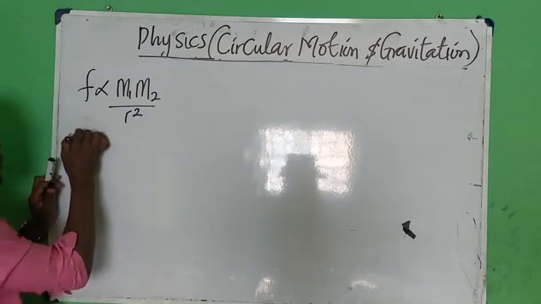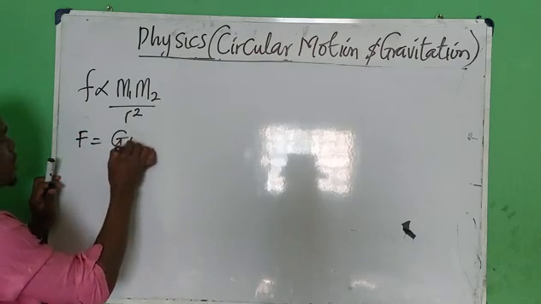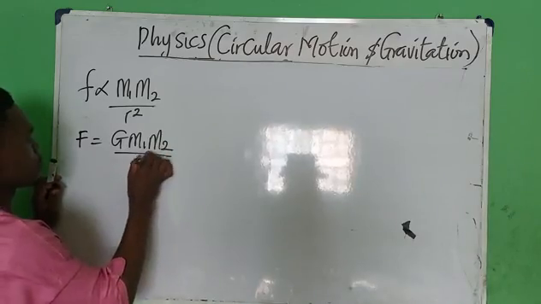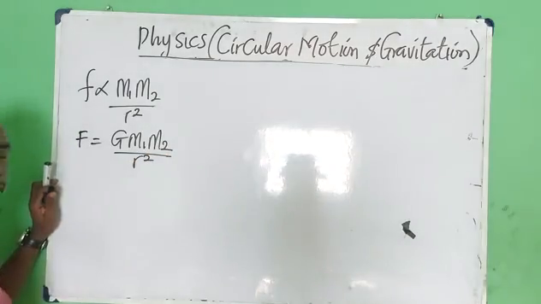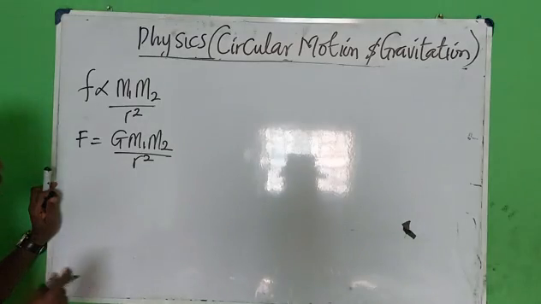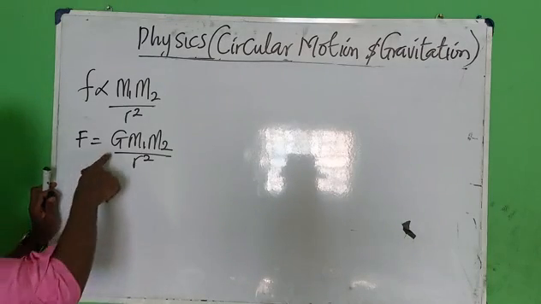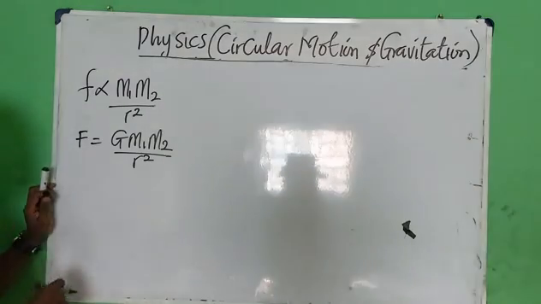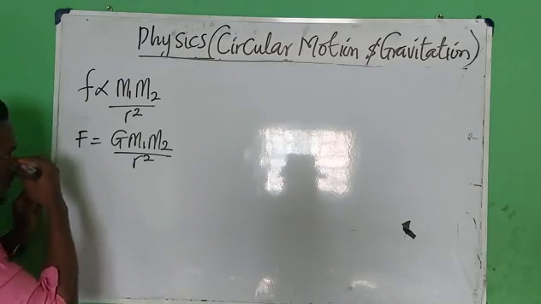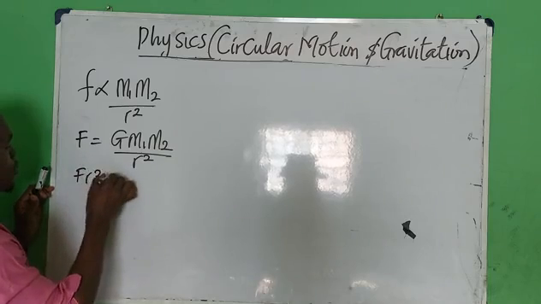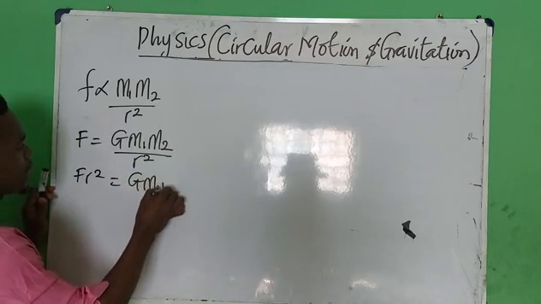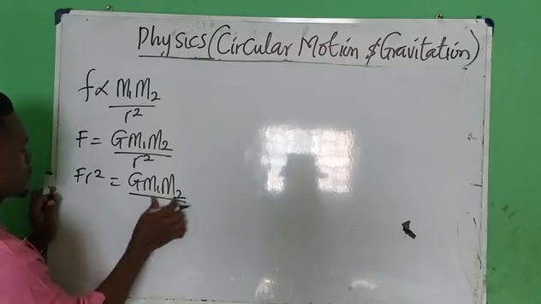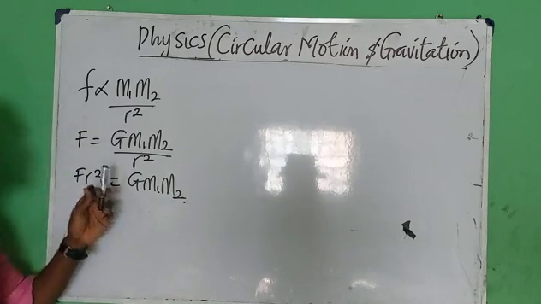Then Newton used a constant G, so F equals G m1 m2 over R squared. So what do I do next? I want to make G the subject of the formula. In doing that, I'll be having F R squared equals G m1 m2.